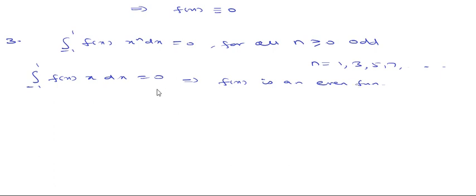When f(x) is an even function, this statement is satisfied. Similarly for n equal to 3, we get integral of f(x) x cubed dx equal to 0, so f(x) is an even function and this is satisfied.